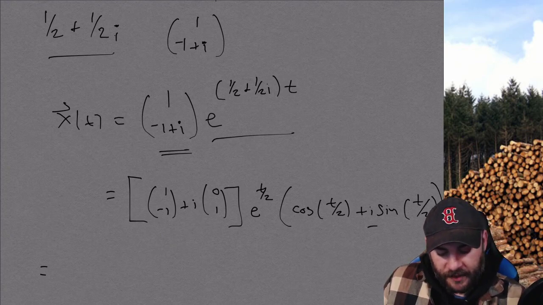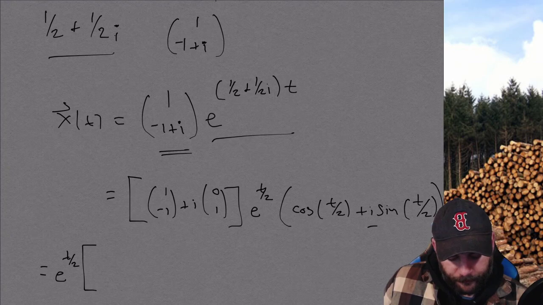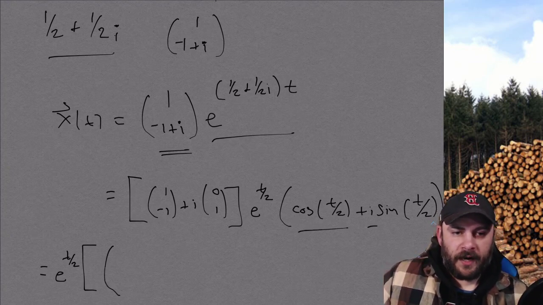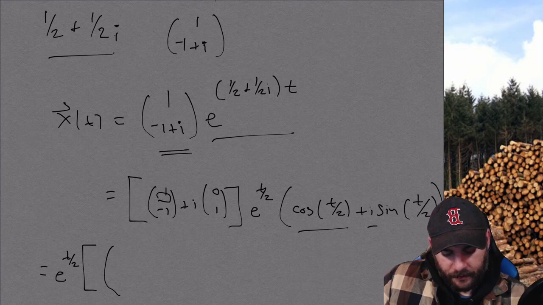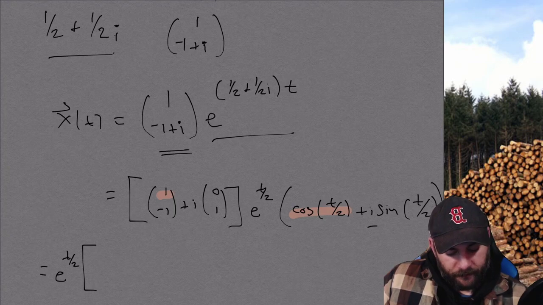All right, first things first, absolutely everybody's got an e to the t over 2. That much is for certain. Now I'm going to open parenthesis. Now if I look at the cosine part, there's no I on there. If I take this cosine and multiply it by this 1 right here, I will get a real valued function.